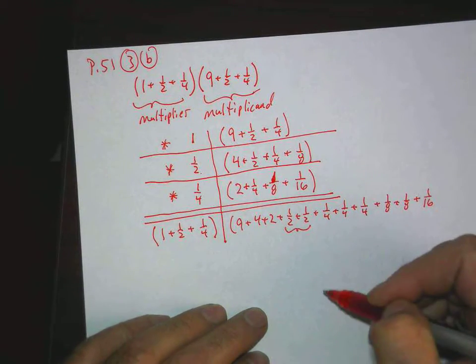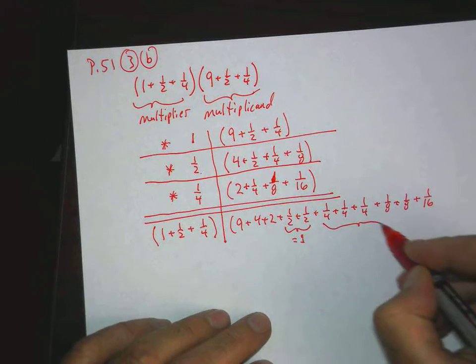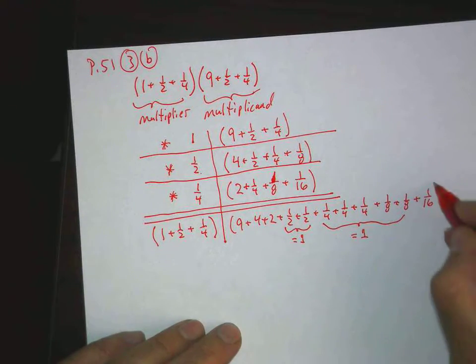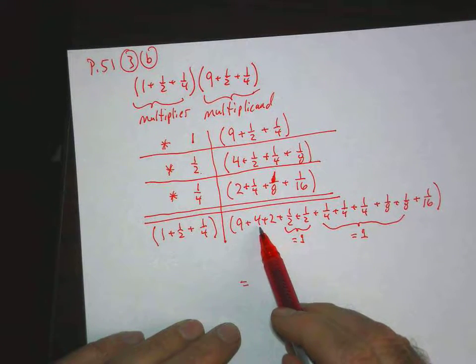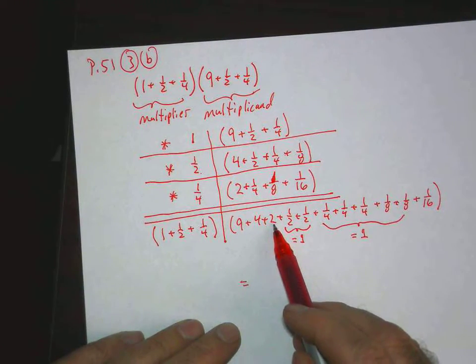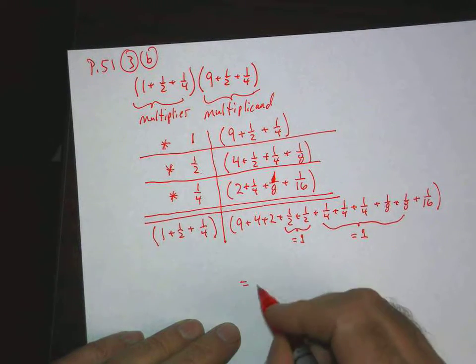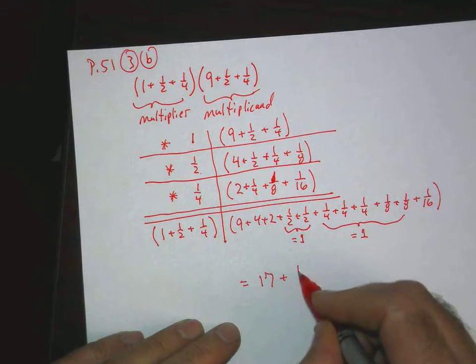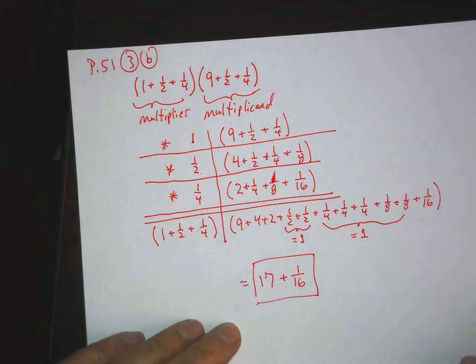And I won't pretend like I don't see how some of these add together very conveniently. So we have 9 plus 4 is 13, plus 2 is 15, plus 1 is 16, plus 1 is 17, plus 1/16. Okay, that's the answer to our second one.